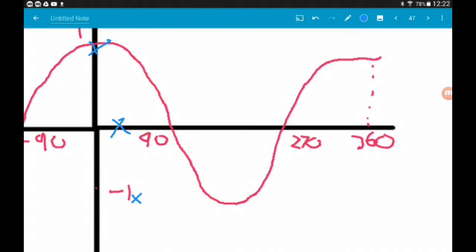Divide that by 3 for cos 3 theta and we get 90. So that's going to be there. And then our next important point would be the peak, which is happening at 360. So that's now going to happen at 120. So that's going to be about there. So far if we stop there and join that up, we've got one period or one cycle of cos 3 theta.